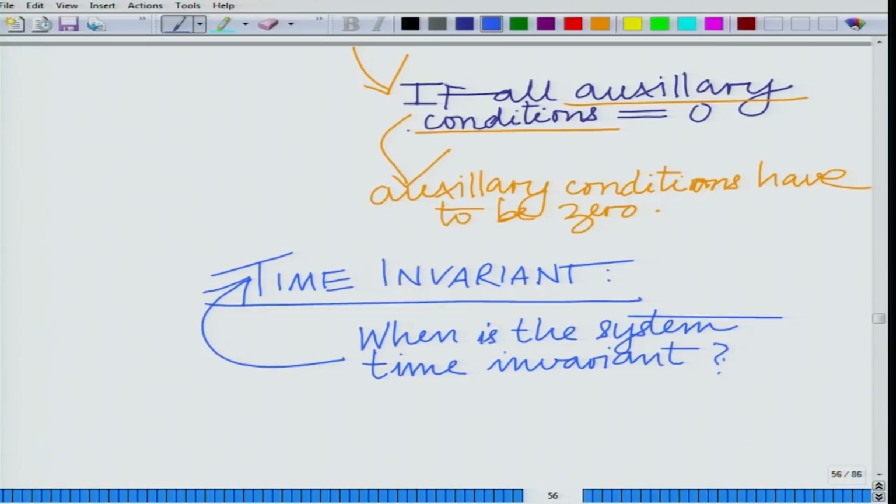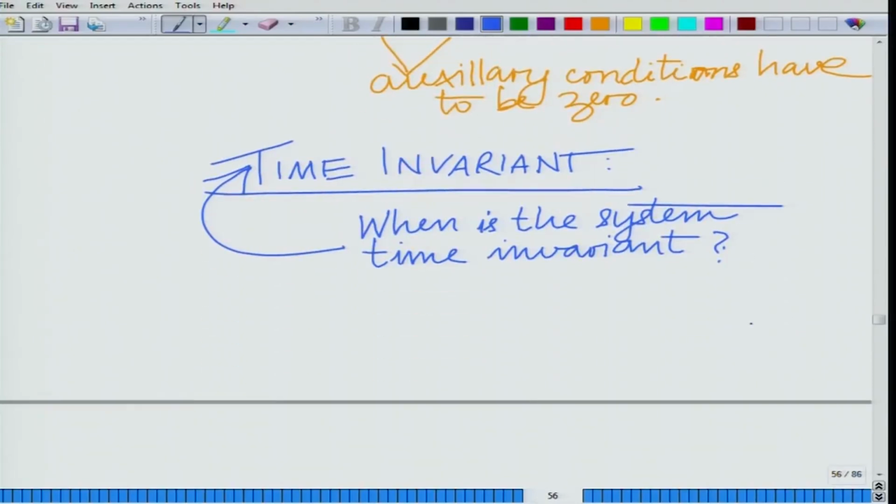For the system to be time invariant, it has to be at initial rest.